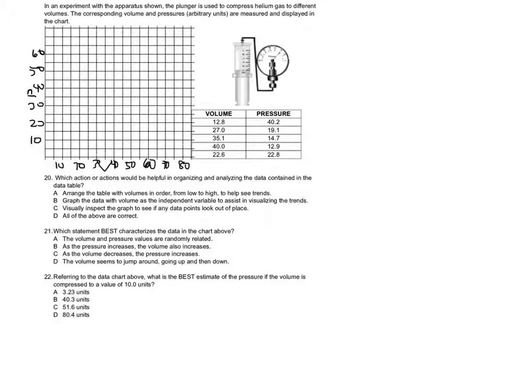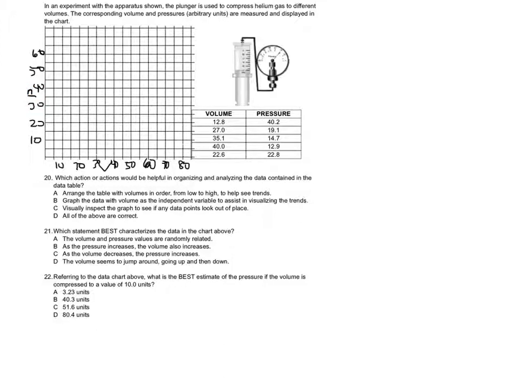All right, that's plenty there. Our first volume is 12.8 and our pressure is 40.2. So 12.8, if we look here, this line right here is 10, that's 15. 12.8 would be really close to 13, which is going to be a little bit over halfway here. And then we need to go up to 40.2, which is just above the 40 line.